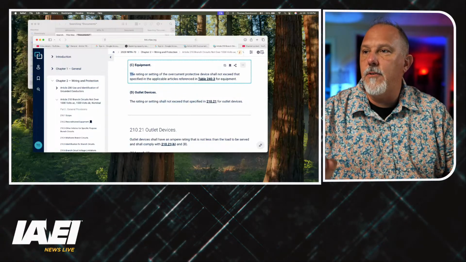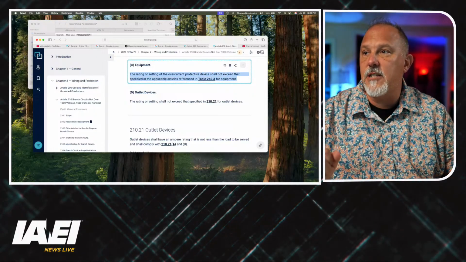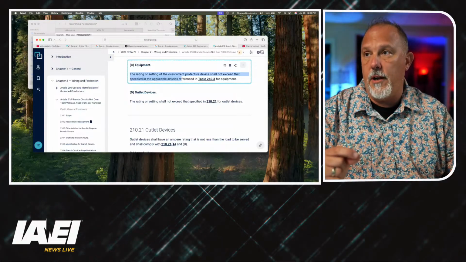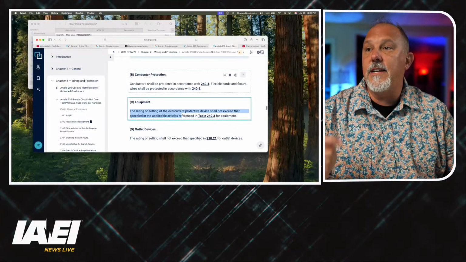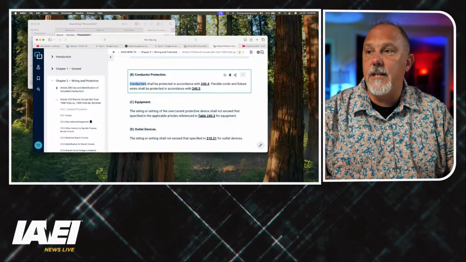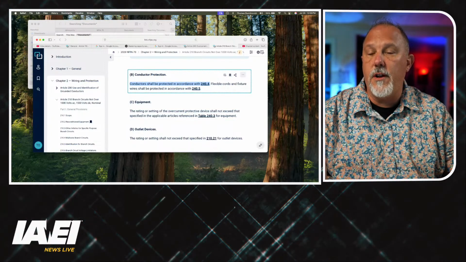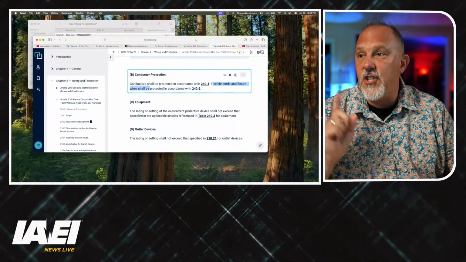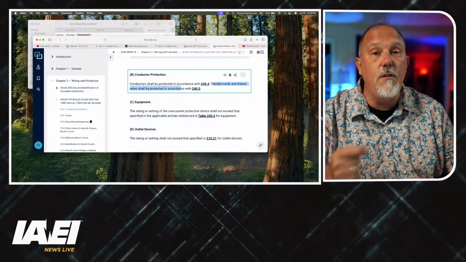Equipment: the rating or setting of overcurrent devices shall not exceed that specified in the applicable articles referenced in Table 240.3. And then for conductors, it says conductors shall be protected in accordance with 240.4, which is what we're going to talk about. And flexible cords and fixture wires are protected in accordance with 240.5.